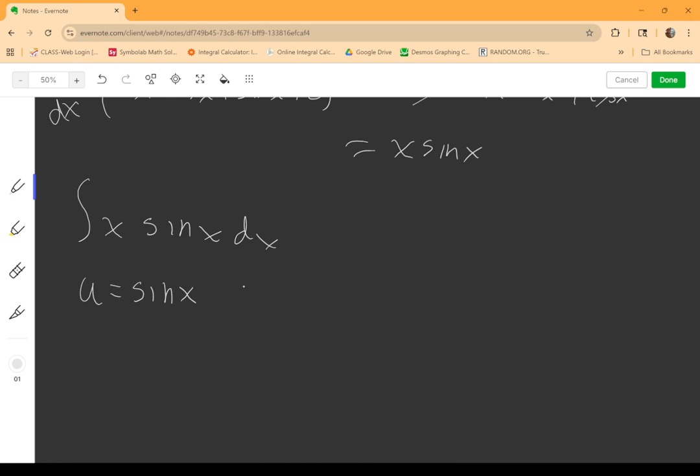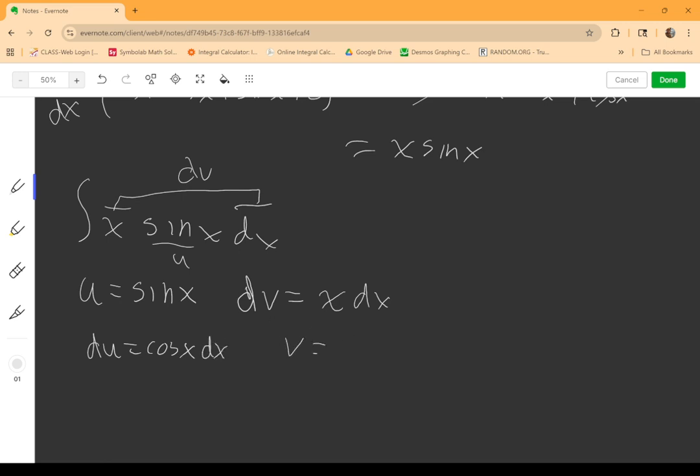And that leaves dv to be equal to x dx. So this is u, and this quantity here is my dv. That means that du is cosine of x dx, and then v is x squared over 2.